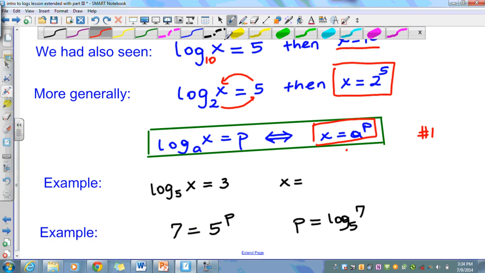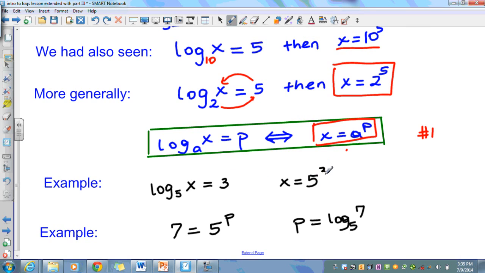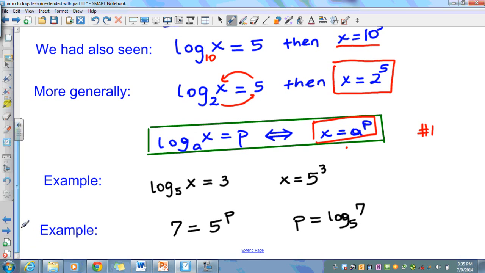Say if we have log base 5 of x is equal to 3. What is x? Based on what we have just learned, x has to be 5 to the 3rd power. And if you like, check it, put that value back in here, and you're going to get 3. Now, if we go backwards on the next example, suppose you are given that 7 is equal to 5 to the p.